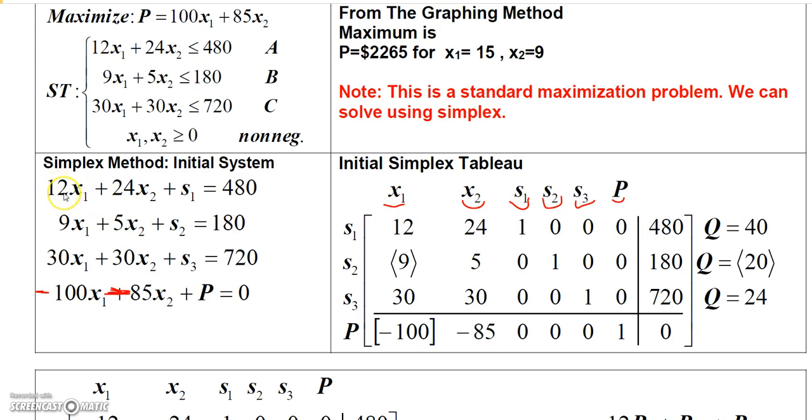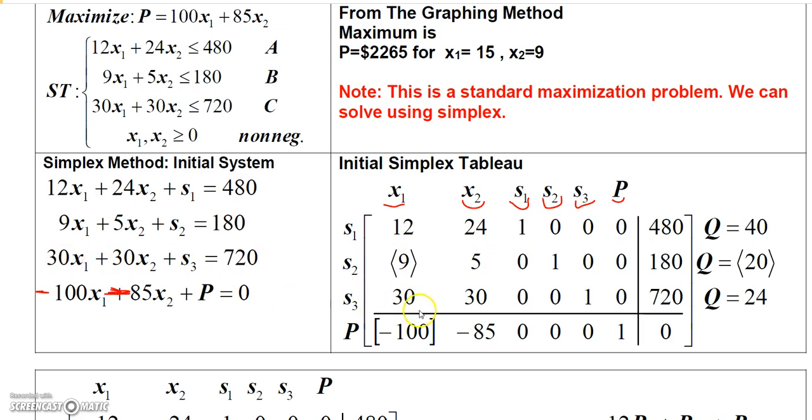So the first equation here is 12x1 plus 24x2 plus s1 equals 480. So I just put zeros under s2, s3, and p there. My second equation is 9x1 plus 5x2 plus s2 equals 180. So put the 1 with s2 and then leave zeros with the other variables here.